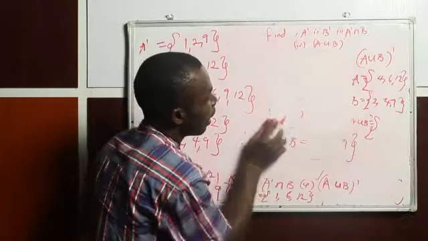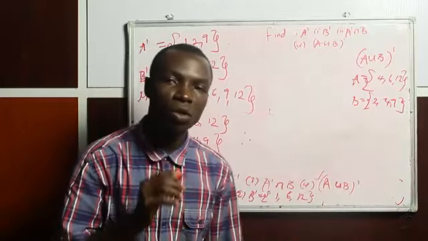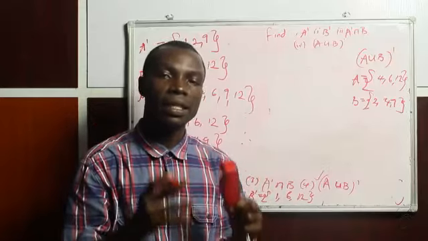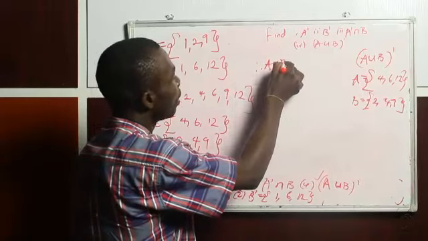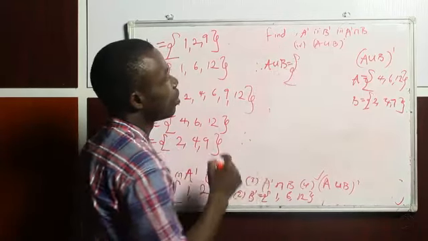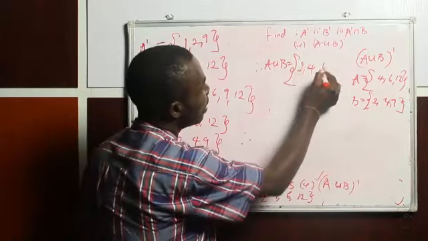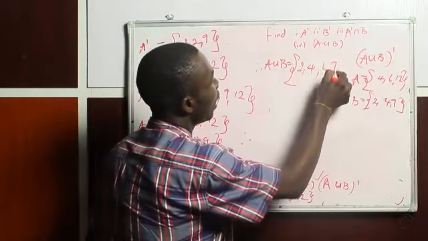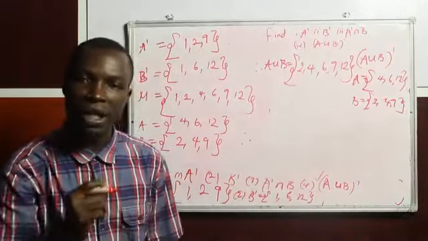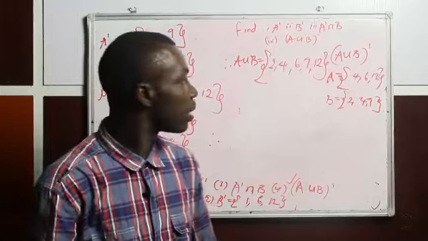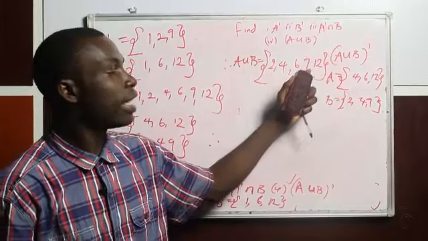That's the meaning of A union B. Therefore, A union B is equal to 2, 4, 6, 9, and 12.